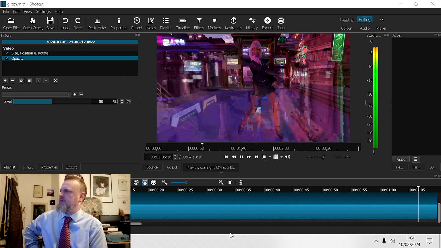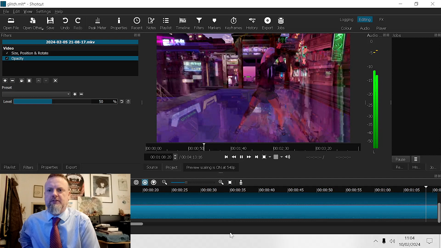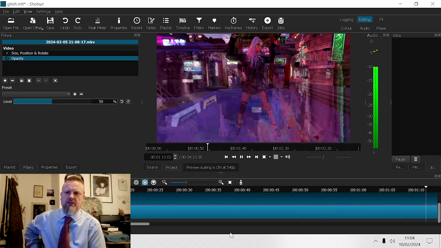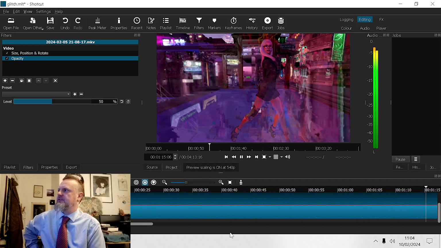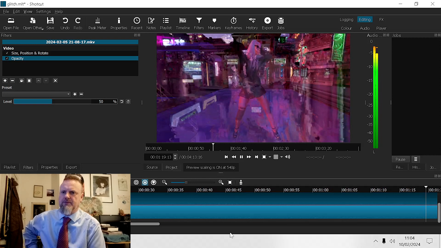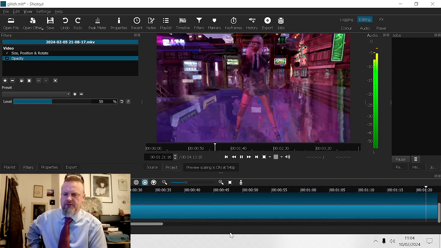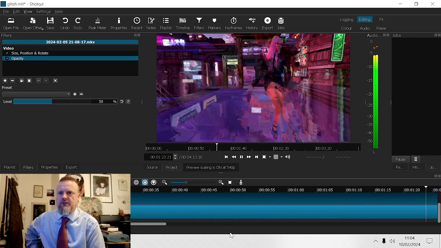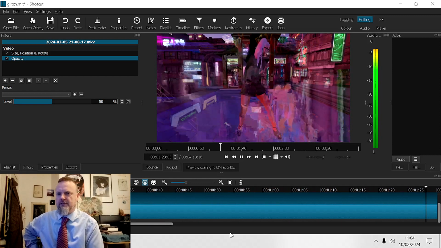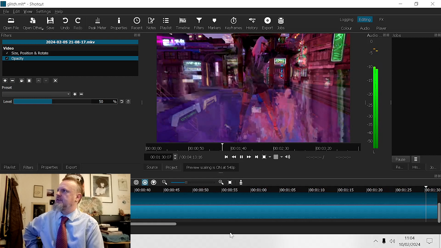Obviously, you could play around with this and do all kinds of experiments until you get really cool effects. That's where the fun is. This is not difficult to do at all. You do not need to be a Bill Gates level coder to do it.